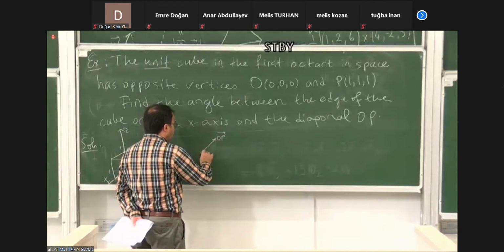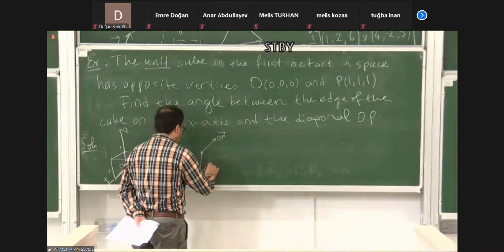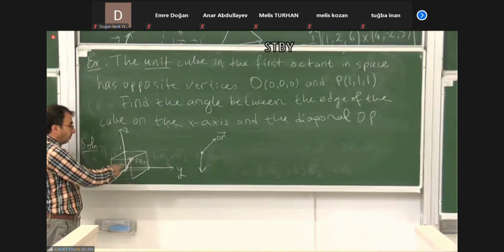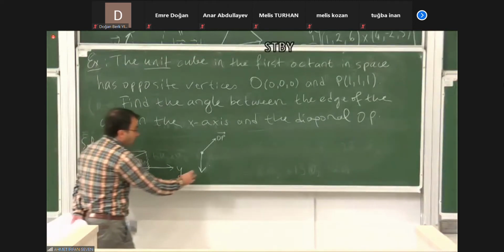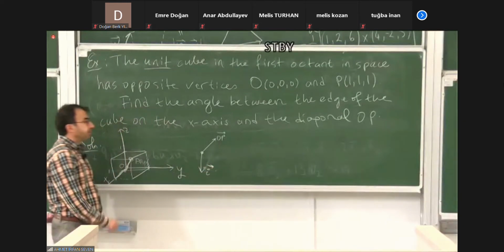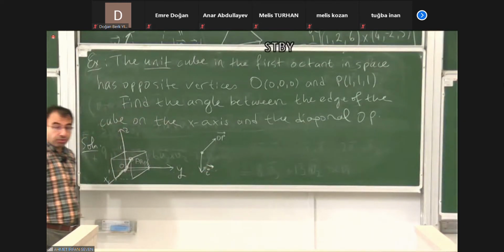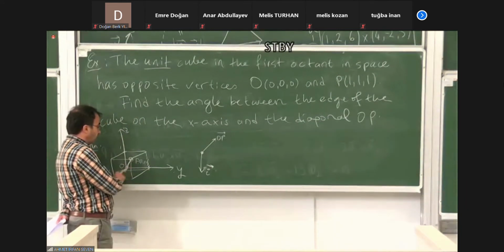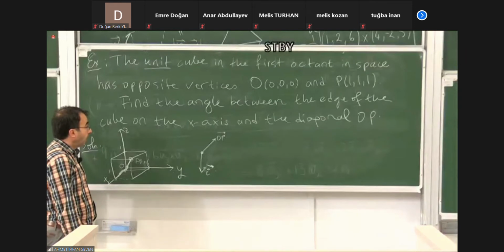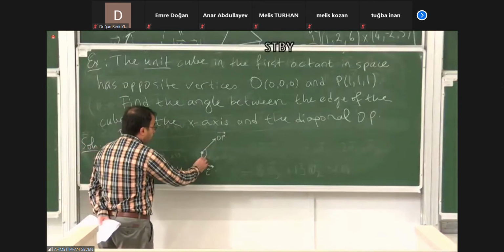And there is this edge on the x-axis. If I want to write it as a vector, I should take i, right? i is the vector in the x direction, as you know.